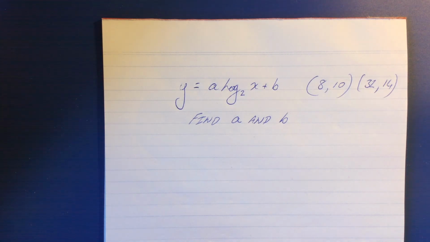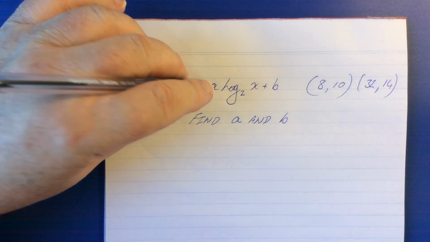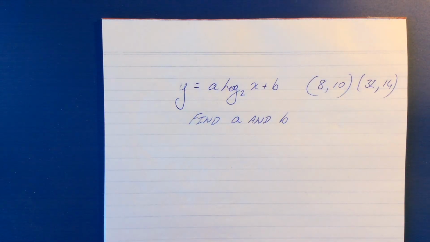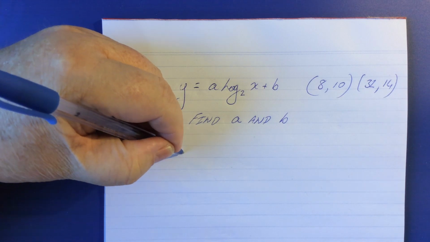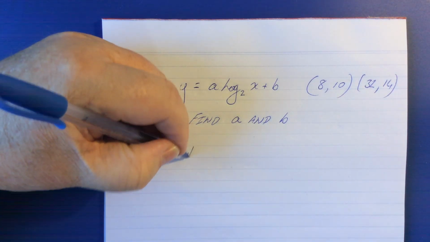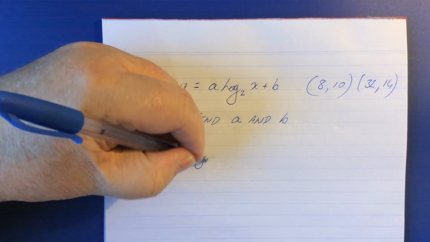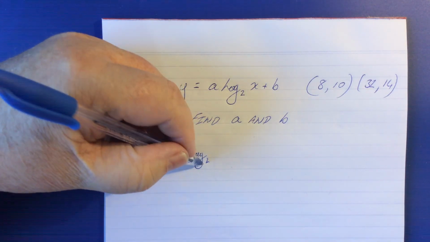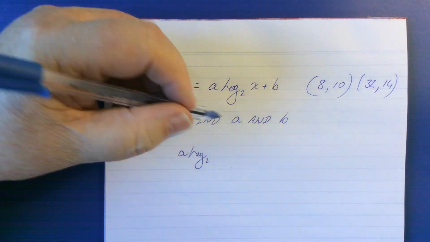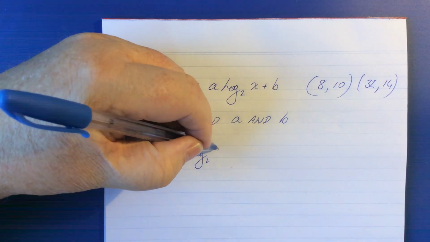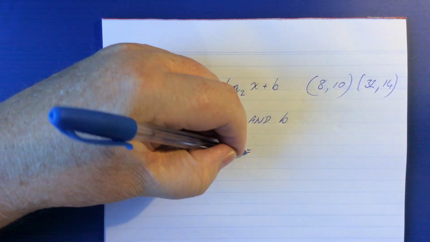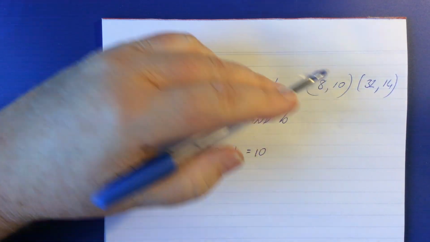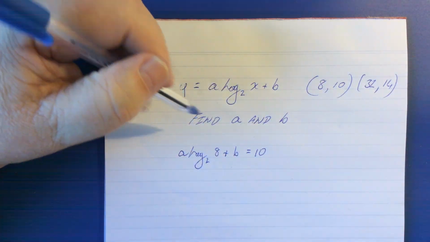Anyway, let's get to work. We're not actually interested in the graph, we're interested in the function. So, things that we know. Well, we can write this function out in two ways: a times log in base 2 of 8, plus b, is equal to 10. That's what this combined with this tells us.